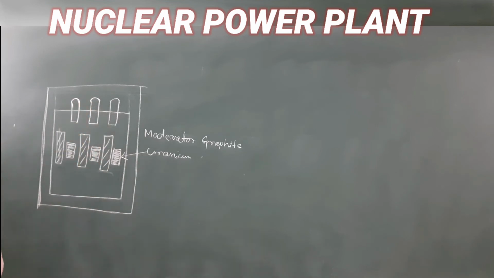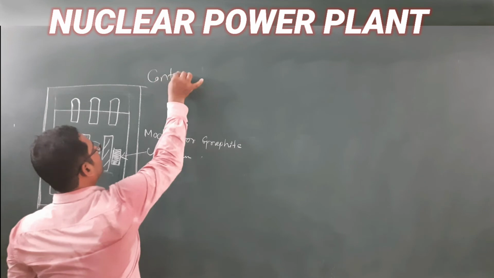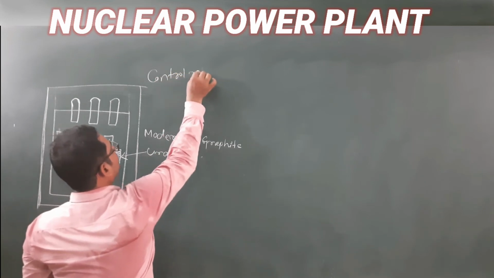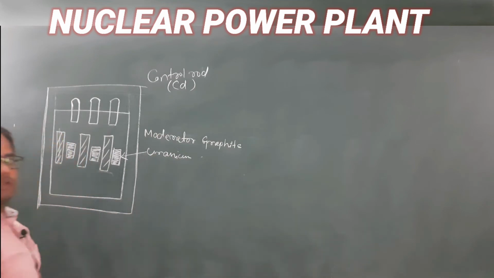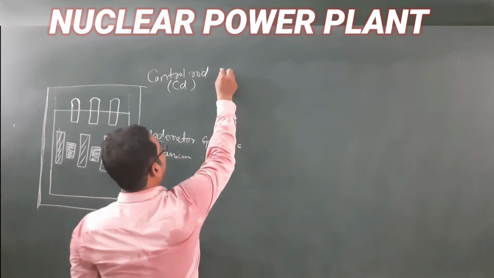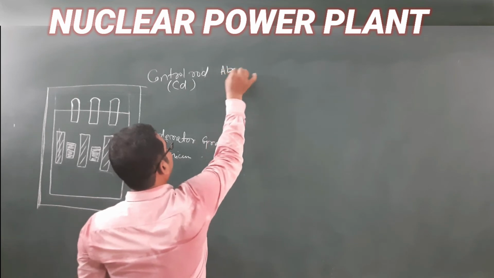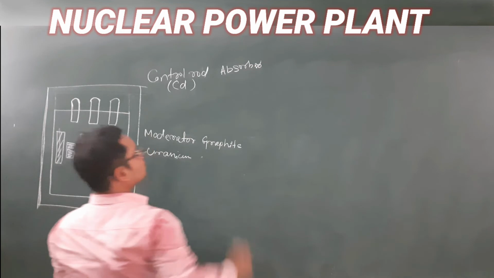Okay, so this is your control rod. This is your control rod, cadmium. Cadmium metal is there, which is a strong absorber of neutrons. Okay.